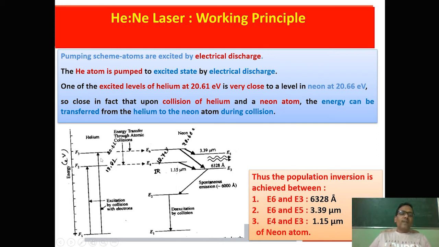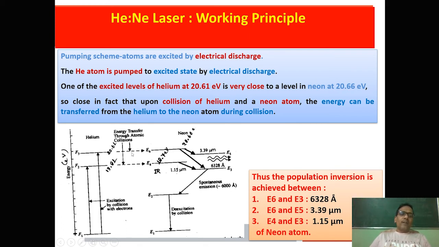After transferring this energy from helium to neon, helium comes back to ground state, and again absorbs some energy through collision with electrons and excites up to higher energy level. So this helium actively participates in the pumping process by absorbing energy from electrons and giving energy to the neons.